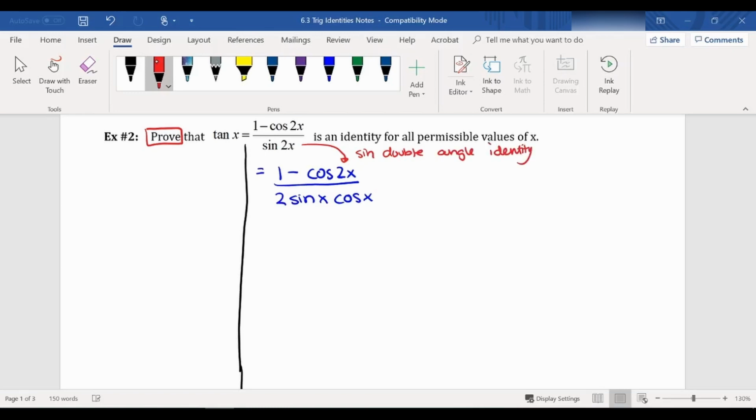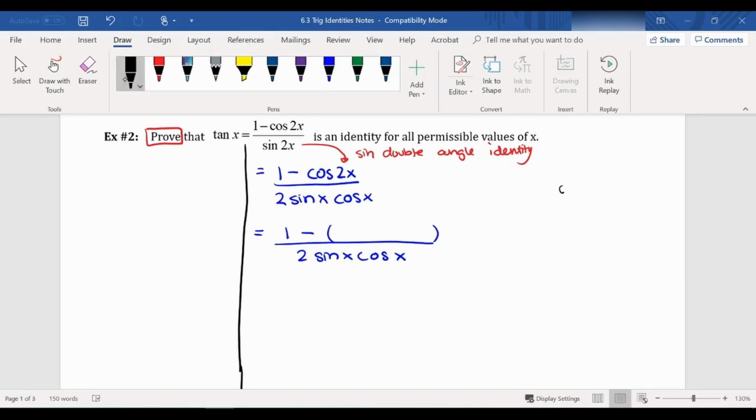Now we still do need to deal with the top, and we need to decide which double angle identity for cosine we're going to use. Again, I know the question tells me what I'm supposed to equal. I'm supposed to equal tan x when I'm done, which means that 1 on top should not be there.